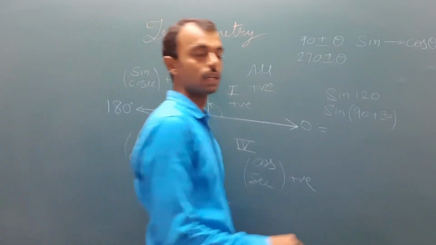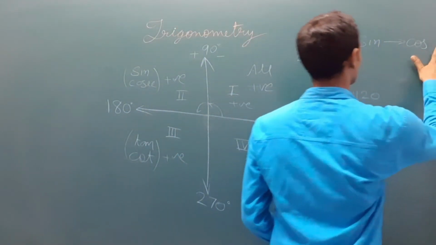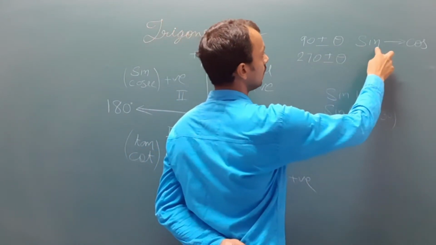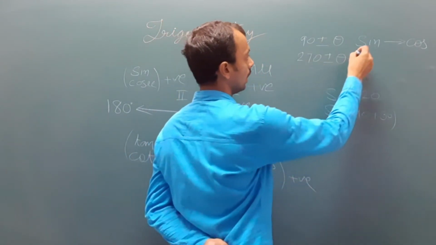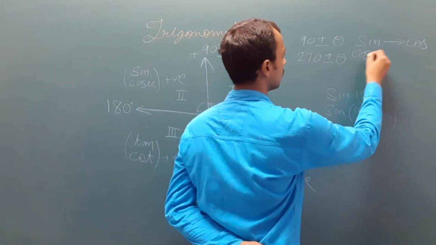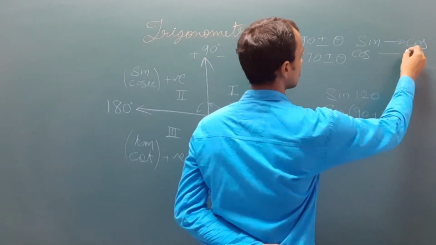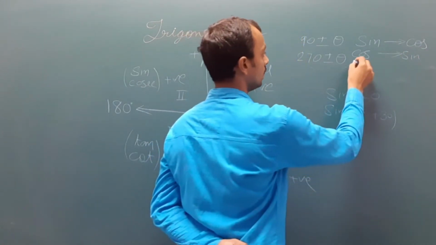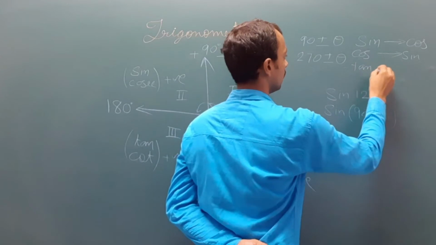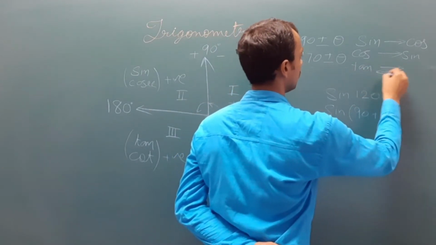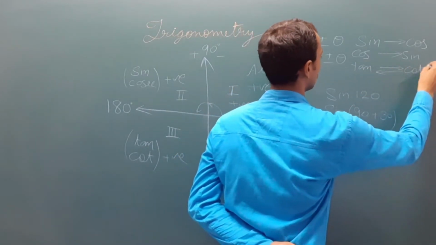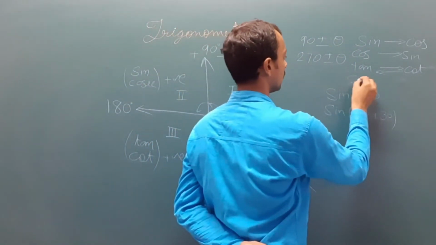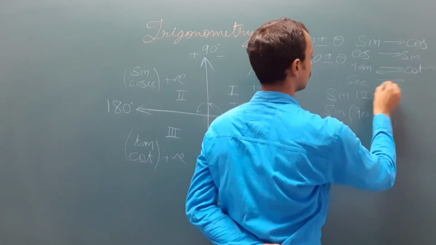Okay, from sine it will convert to cos, means sine of 90 plus theta will be cos theta, and cos will convert to sine theta. Similarly, tan and cot will also get converted for these values, and sec and cosec will also convert.